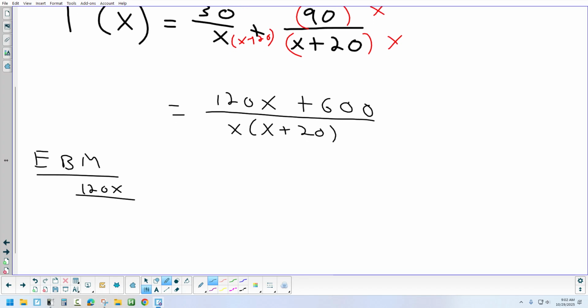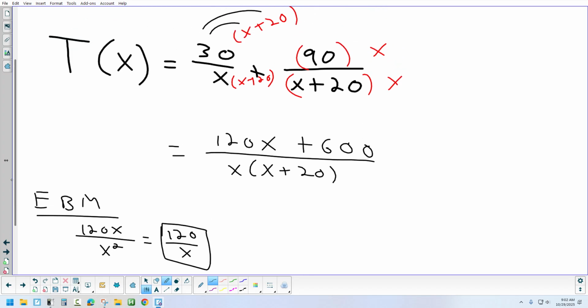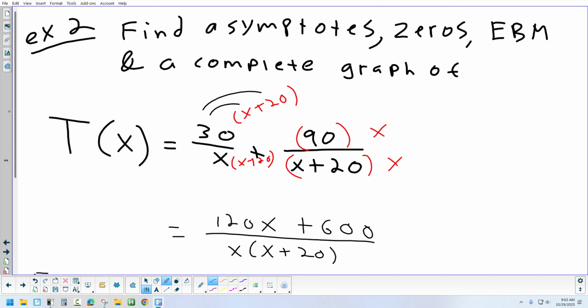And what's the highest degree term in the bottom? Yep. X squared. You have to think of how it would be if you did that out. And that's going to leave me with an EBM of what? 120 over x. Okay, so we got the EBM.